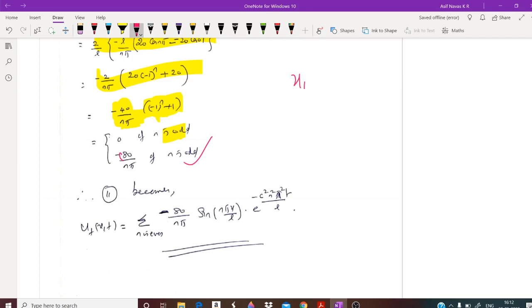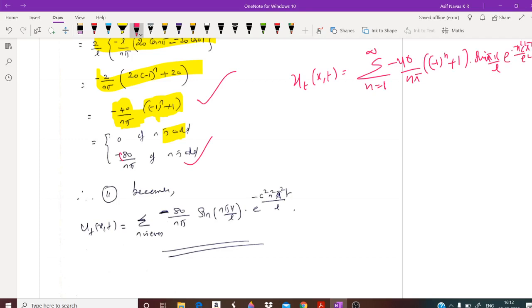Therefore, u1 of x t is equal to sigma n equal to 1 to infinity minus 40 by n pi into minus 1 power n plus 1 into sin n pi x by L into e raised to minus n square c square pi square by L square t.